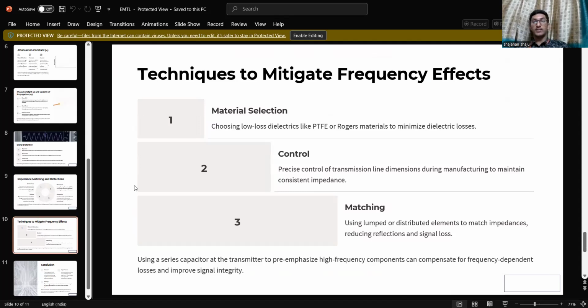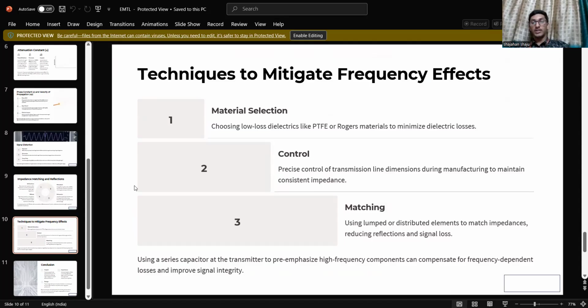Techniques to mitigate frequency effects. Material selection: choosing low-loss dielectrics like PTFE or Rogers materials to minimize dielectric losses. Controlled dimensions: precise control of transmission line dimensions during manufacturing to maintain consistent impedance.